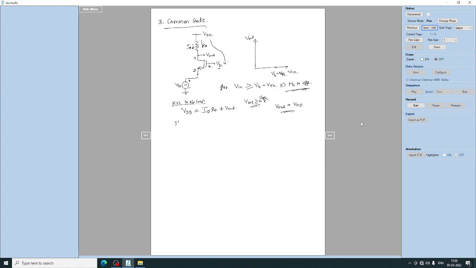So if M1 is off, ID will be 0, hence your V out will be equal to VDD. So for the V in that you are varying, for V in greater than VB minus VTH, the output will be VDD. It will be like this.